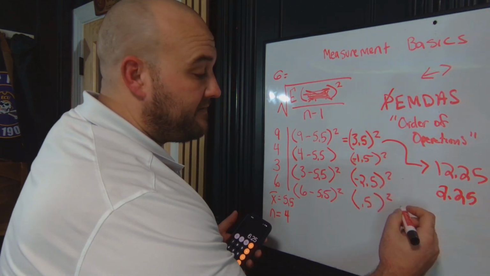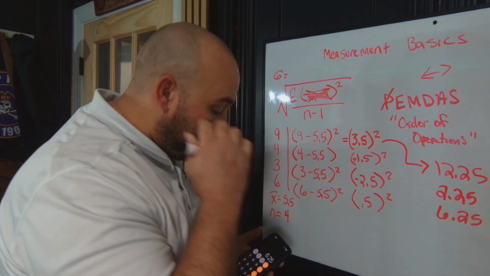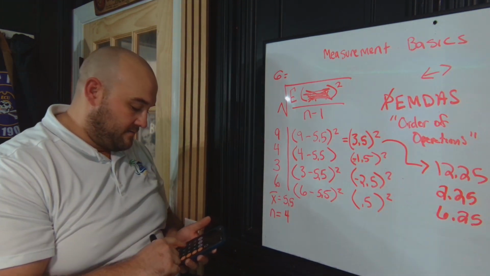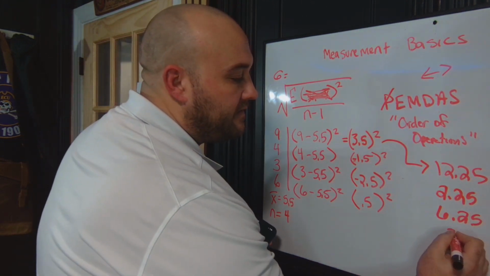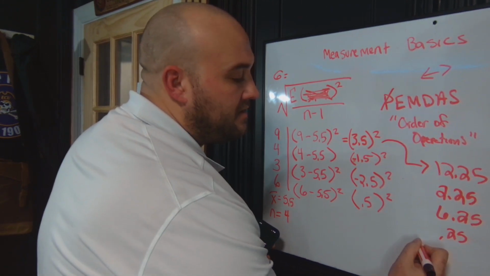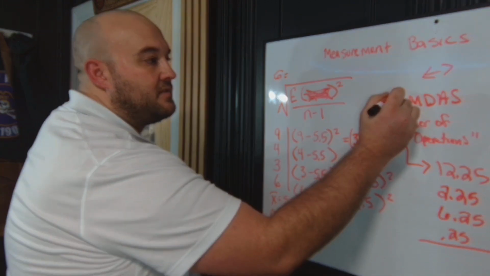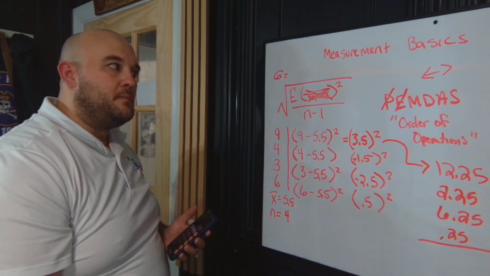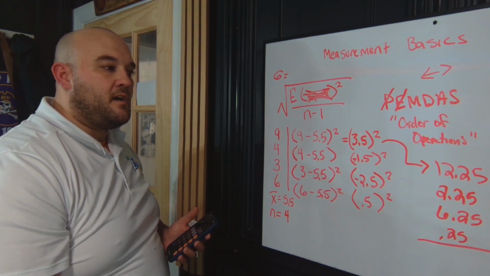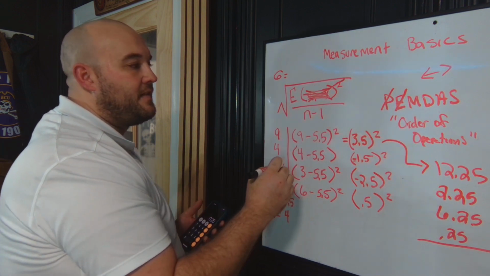Negative 2.5 squared is going to be 6.25. And 0.5 squared is going to be 0.25. I've already gone through and eliminated the exponents there. So now I have to look at what I have left.